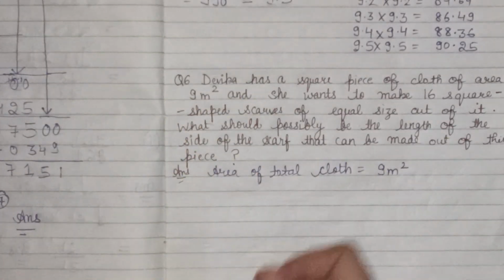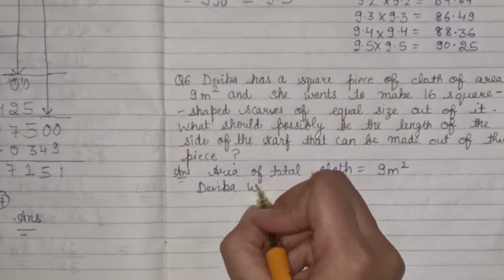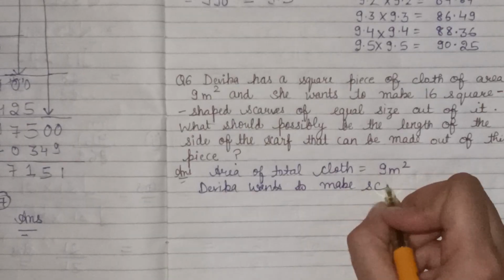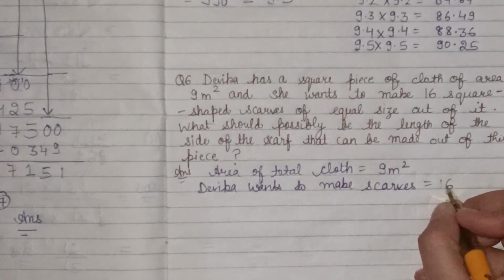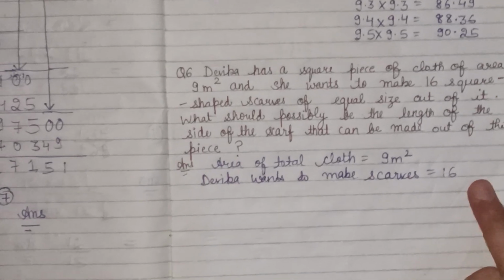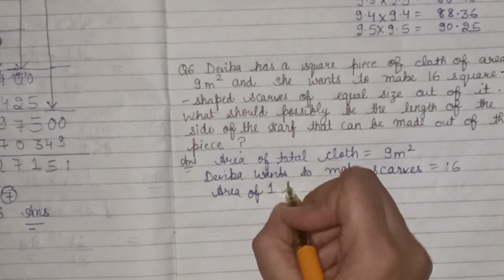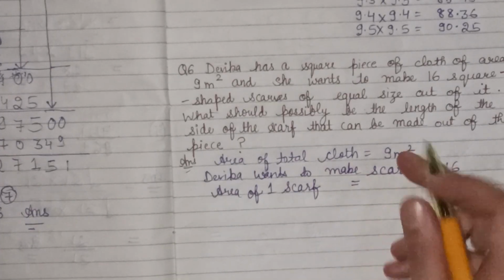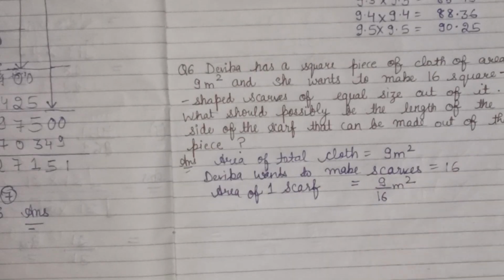I write Devika wants to make scarves equal to 16. Now we find the area of one scarf. Area of one scarf is equal to 9 upon 16 meter squared.